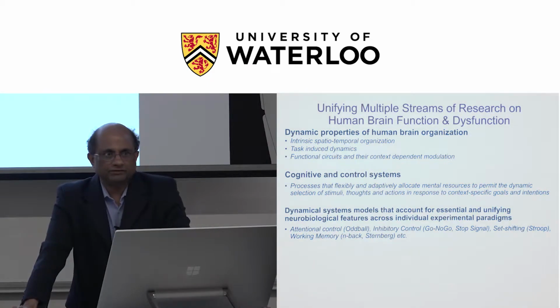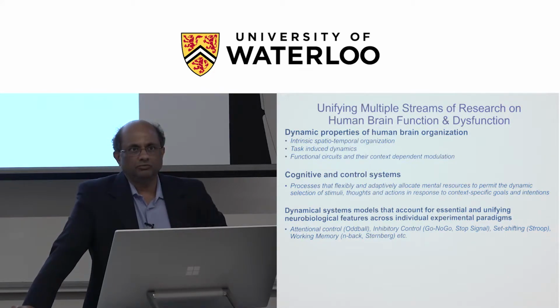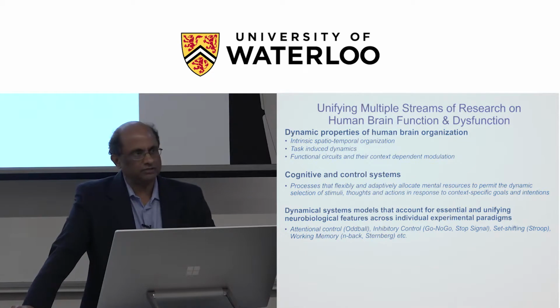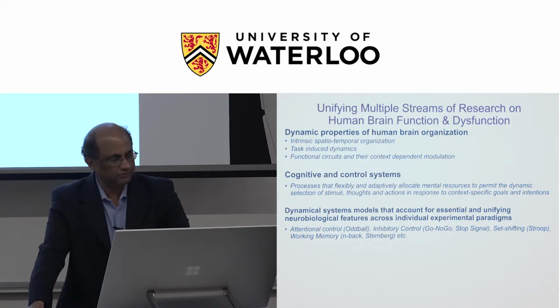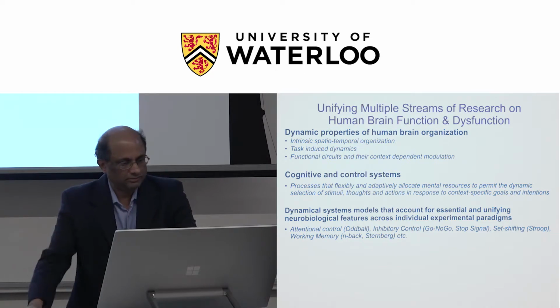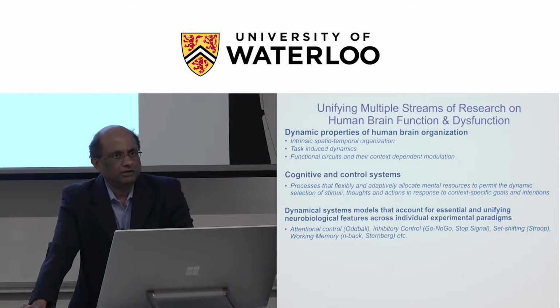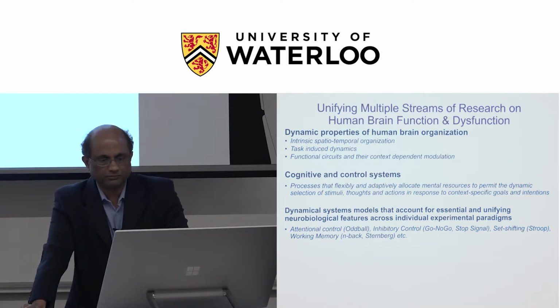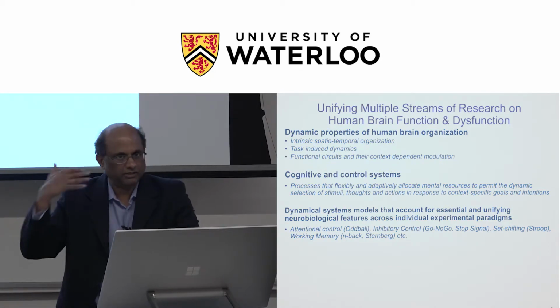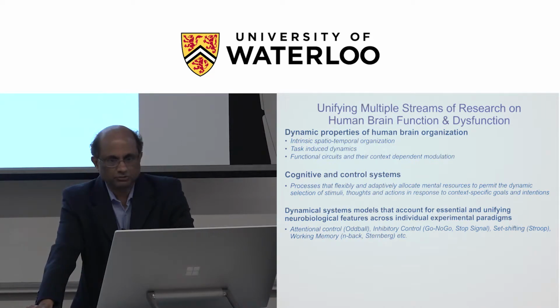And the particular task domains I'm going to focus on as exemplars for more refined investigations of these systems are your standard attentional oddball tasks, both in the visual and auditory modality, your canonical inhibitory control tasks such as the go-no-go and the stop signal, the set-shifting Stroop, and working memory at a high level. As you add complexity to these task domains, it really becomes much more challenging.